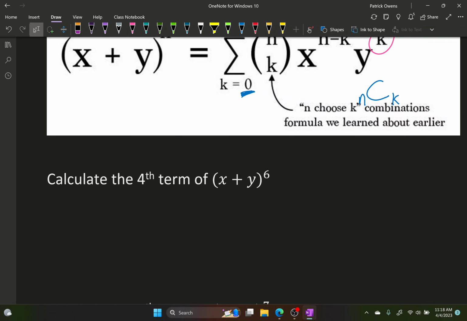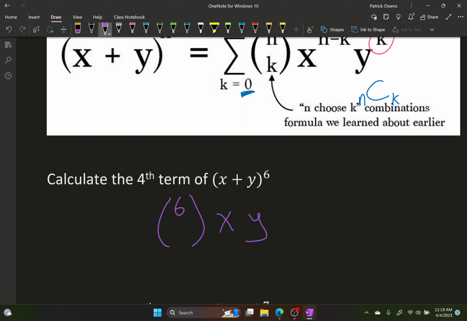Let's take a look at some of the other types of problems that we might see with the binomial theorem. So we're calculating the 4th term of x plus y to the 6th. As we're doing these, we want to set it up just like we were the other ones. We've got our combination where it's going to be 6c something, and then x to some exponent, y to some exponent.